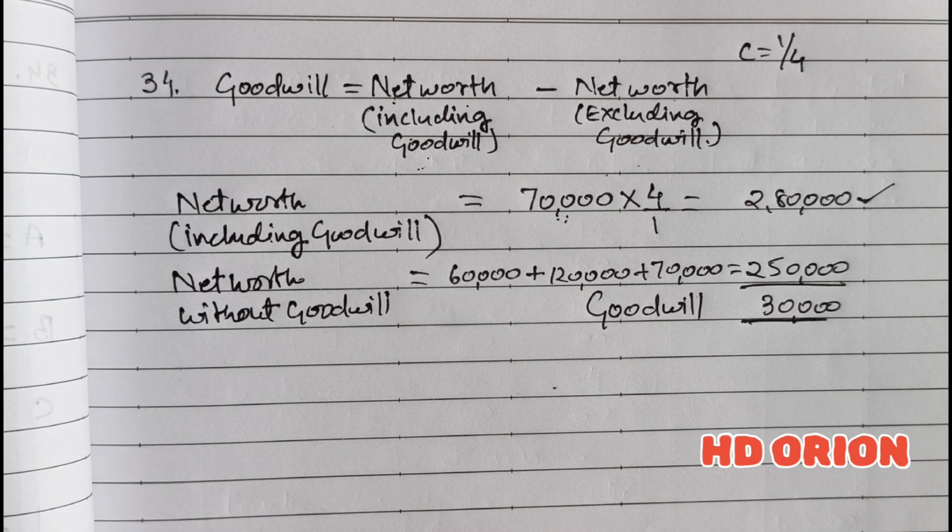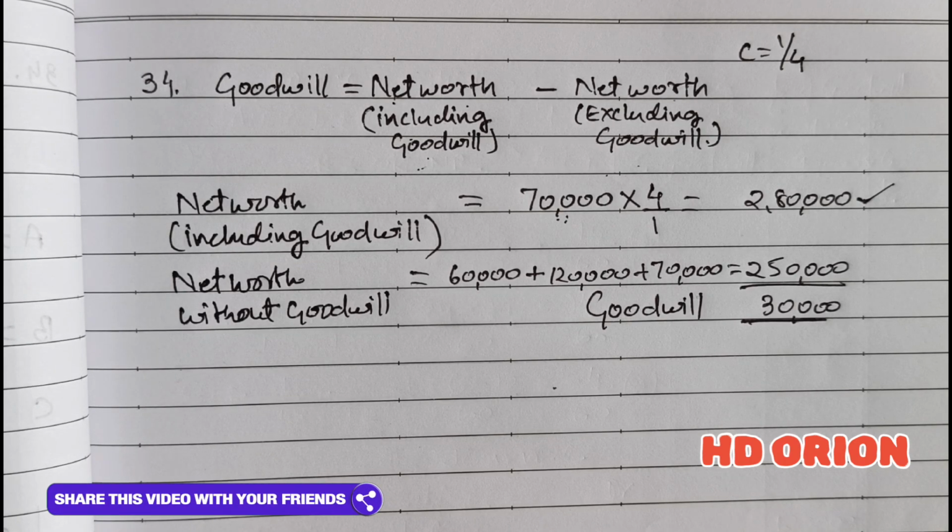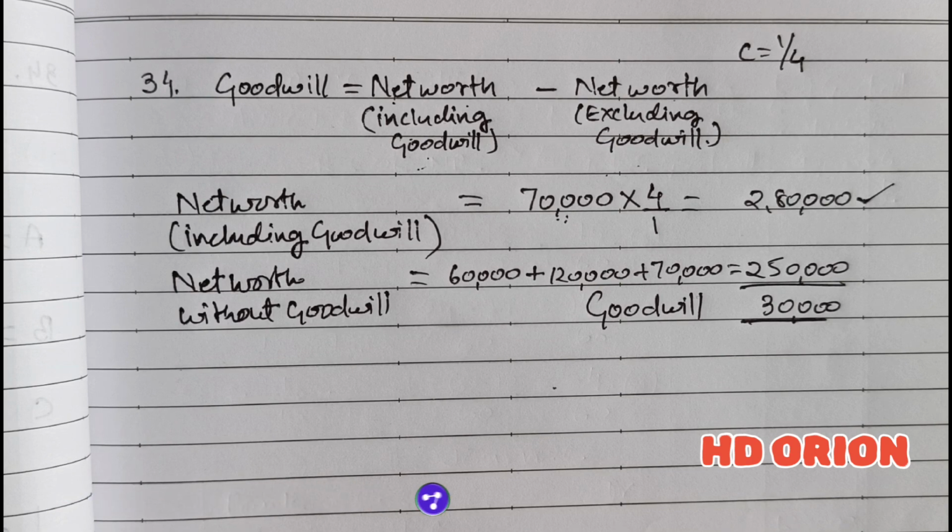So how will you find out whether this question is of hidden goodwill or not? In that question you will be asked to make treatment for goodwill, but the amount of goodwill will not be given in the question. So you have to understand that it is a question of hidden goodwill and you have to find it this way.